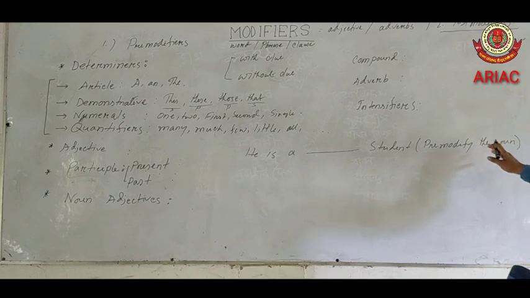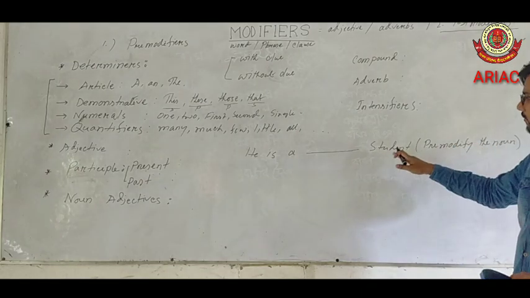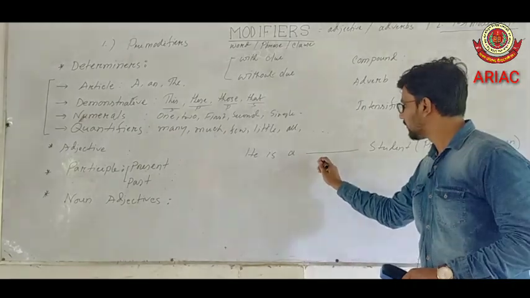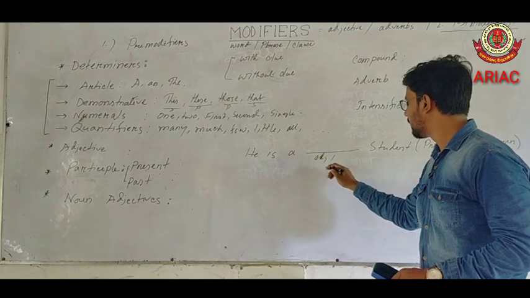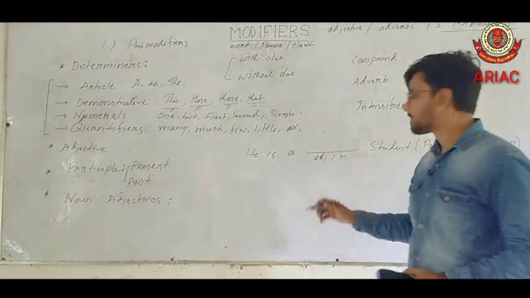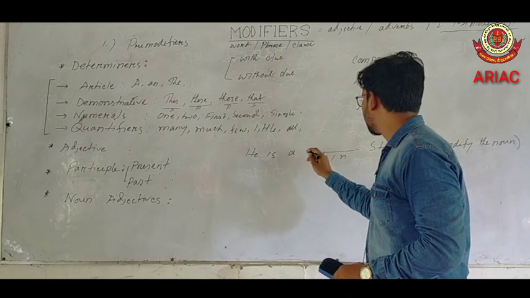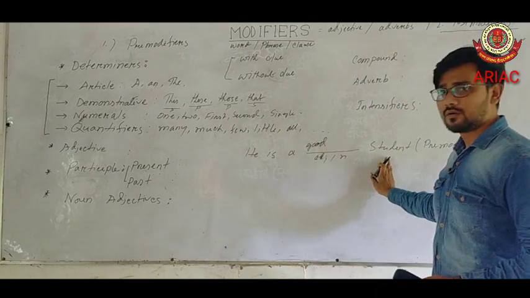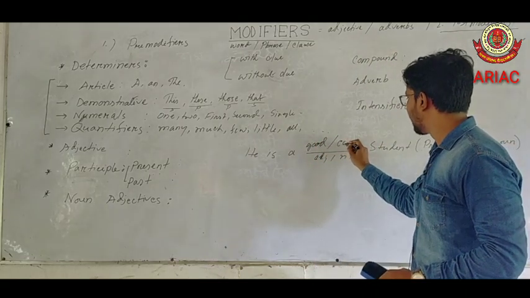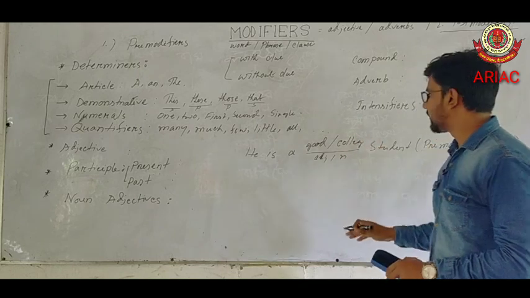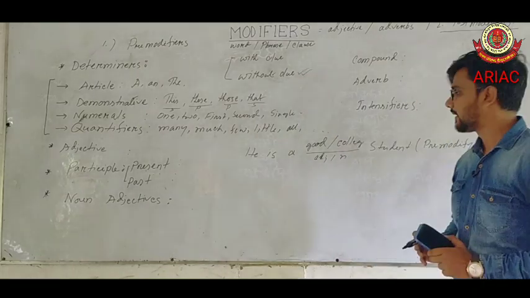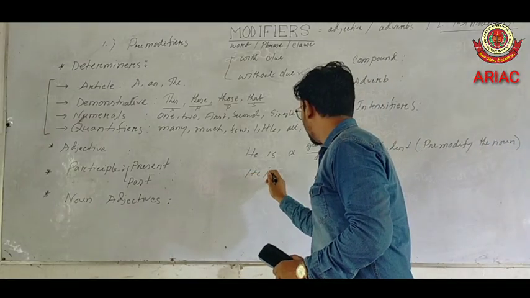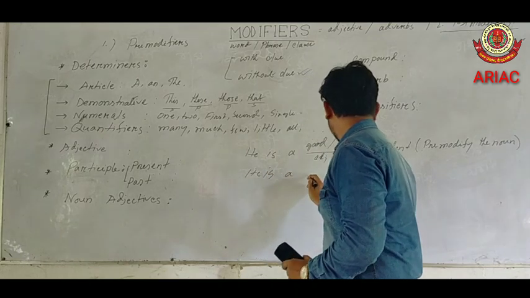You are told to pre-modify the noun, so you have to put down either an adjective or a noun. You can put down good, a good student, or you can put down he is a college student. So it is like without clue. Okay. Now if I say it can be in with clue, he is a dash student.